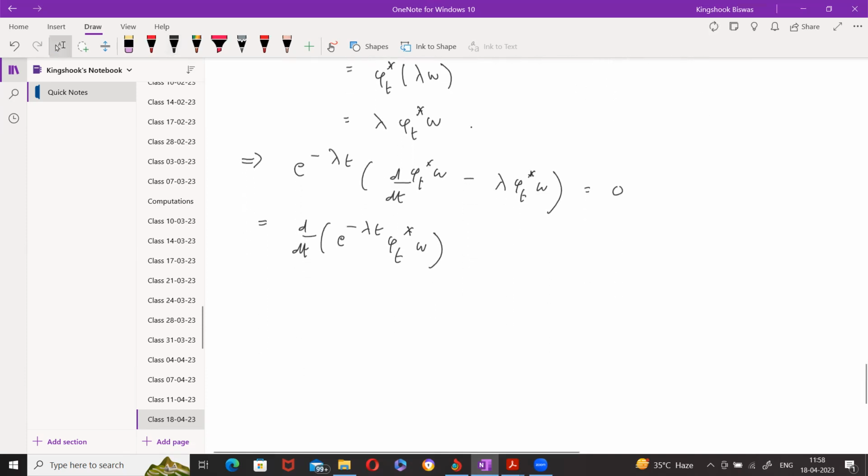Yes, sir. So then you're done, right? So this derivative is 0. That implies that e to the minus lambda t phi t star omega is constant in t.